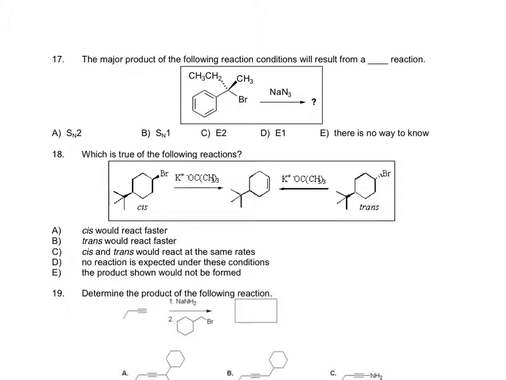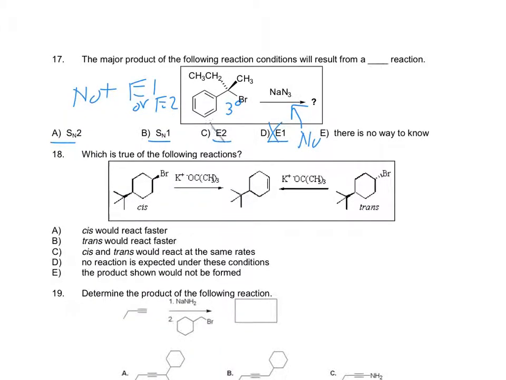Number 17. The major product of this reaction will result from what type of reaction? So here we're asked to figure out what the mechanism is. So we again have a good nucleophile. We've got a tertiary site here. That's a pretty good indication as to what to expect. We probably will not have E1 or E2 because we have a good nucleophile.